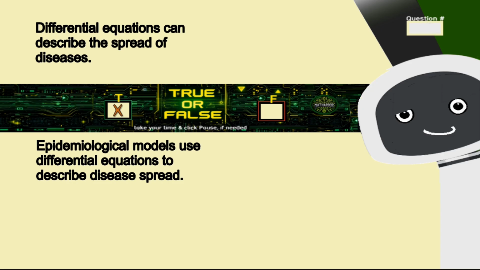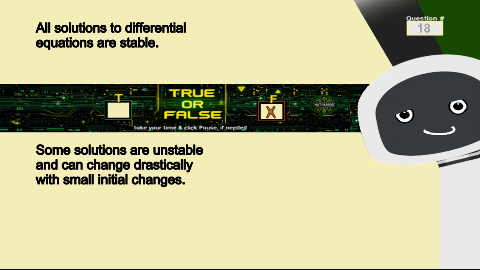True or false? Differential equations can describe the spread of diseases. That's true. Epidemiological models use differential equations to describe disease spread. True or false? All solutions to differential equations are stable. That is false.